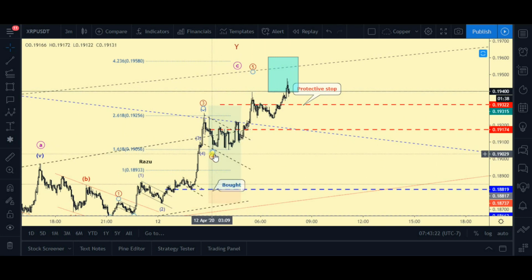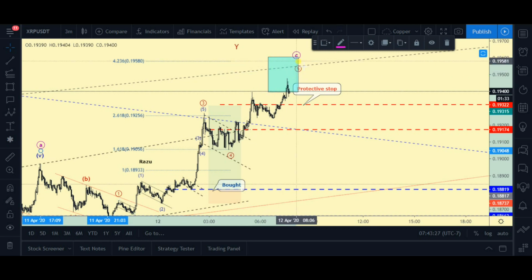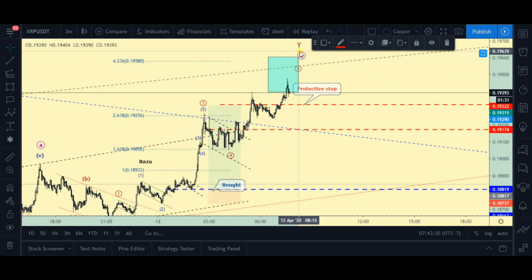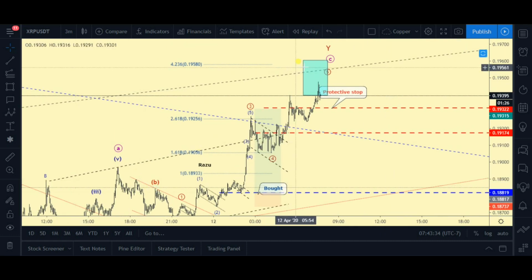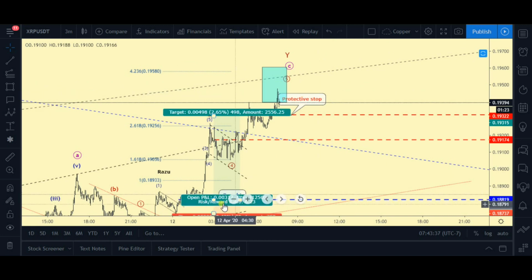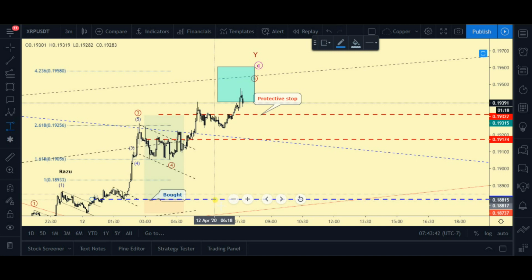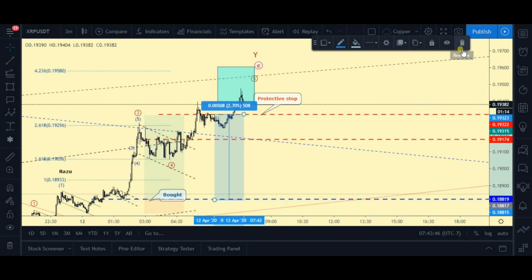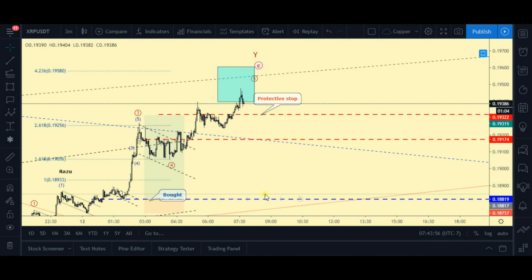So now we have this as wave 4 and wave 5 in progress. So this might be the C, or this might be the third wave, impulsive. But currently I'm putting my protective stop right here, and 2.7%, that is a good profit here. So around 508 pips to 10 pips we have profit here.